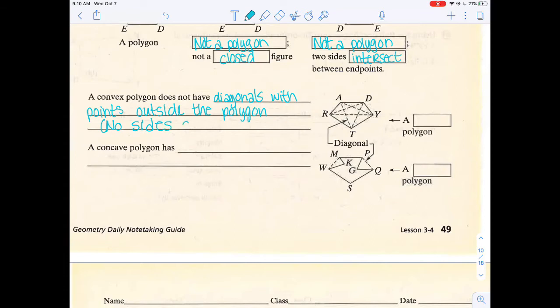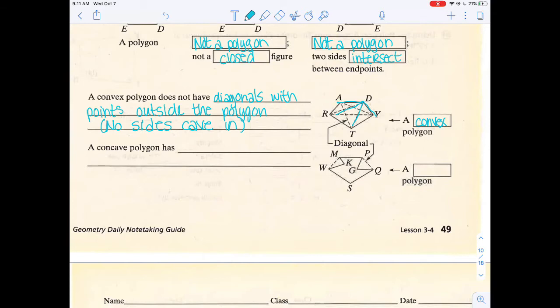All the sides are straight. That's just my way of thinking about it. I think it makes it a little simpler. So like here, they're drawing all the diagonals from every point. None of them end up outside of the actual shape. So this is a convex polygon.